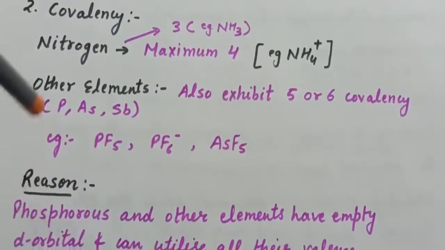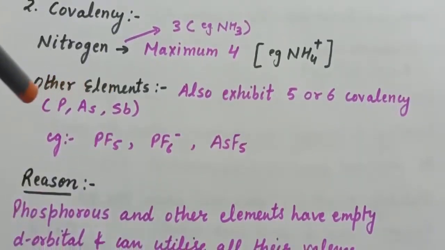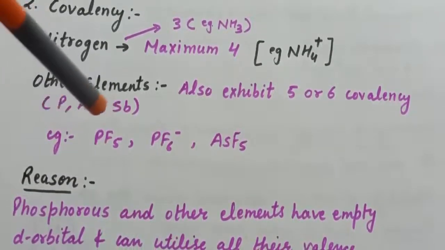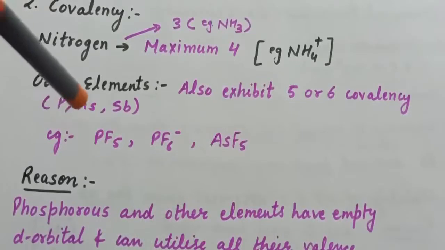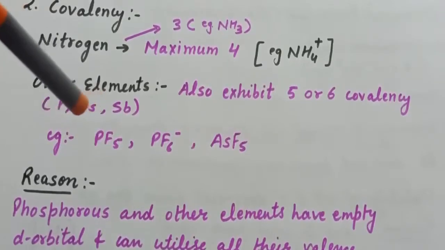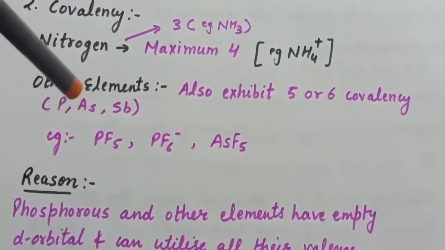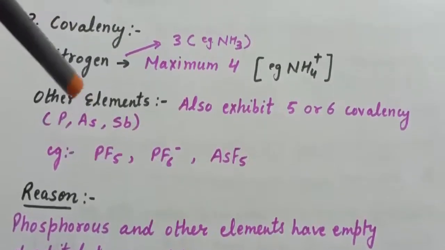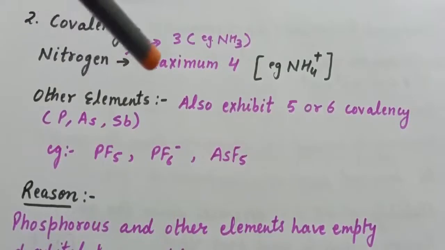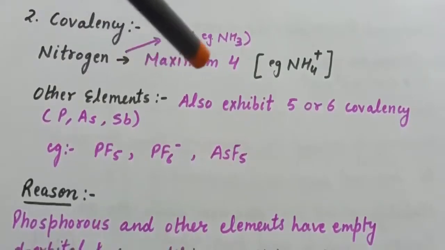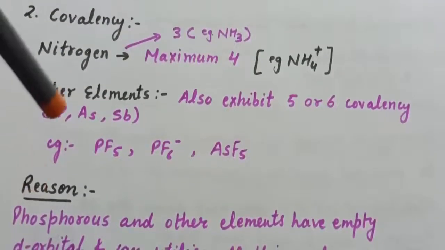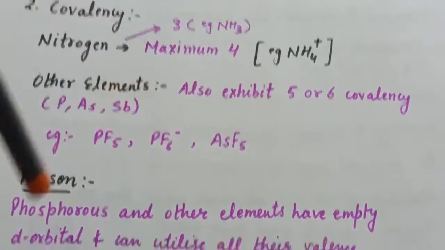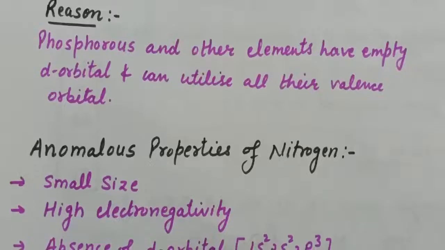That is, these heavier elements can expand their covalency, and that is why they exhibit 5 or 6 valency. So the reason is nitrogen cannot show covalency beyond 4 due to absence of d orbital, whereas the other elements show covalency 5 or 6 due to the presence of vacant d orbital.